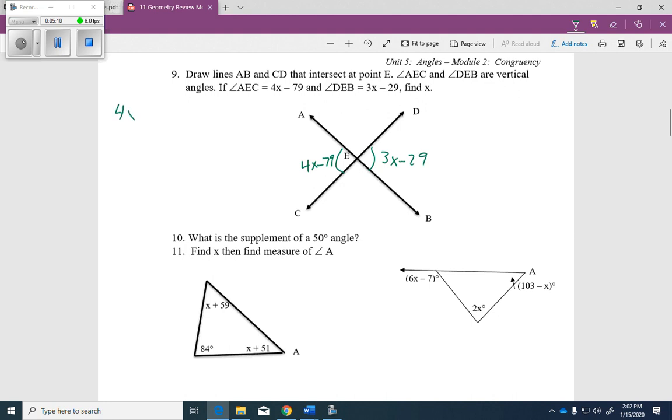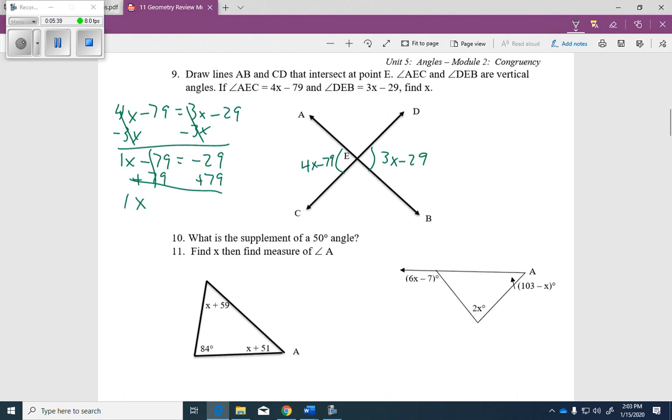So I can solve the equation that says 4x minus 79 equals 3x minus 29. And when we solve this, where did my x go? Yikes. This crosses off. This is a 1x.